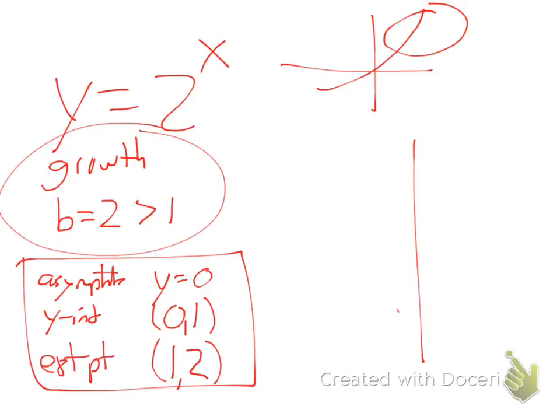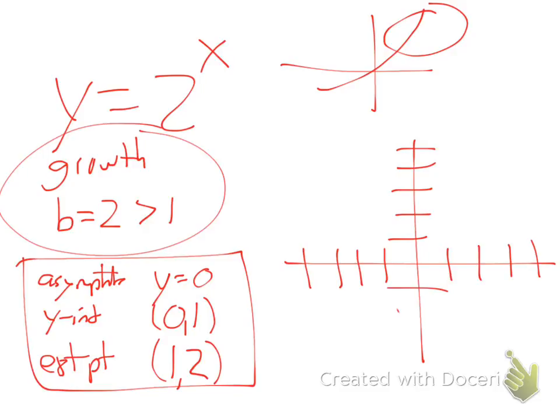So, here we go. We know that we have our XY axes. And we know we have an asymptote where y equals 0. Okay. That means I can't cross that, right?